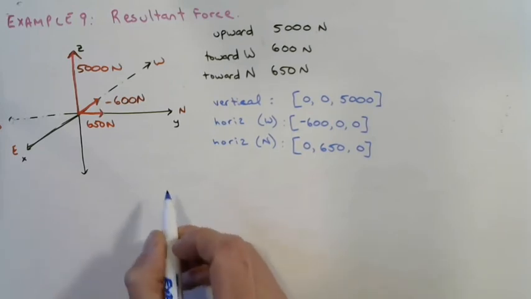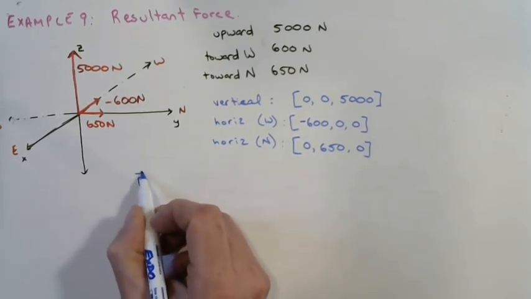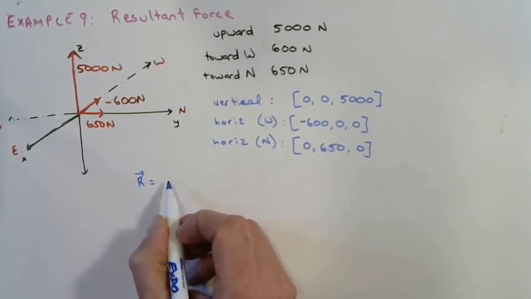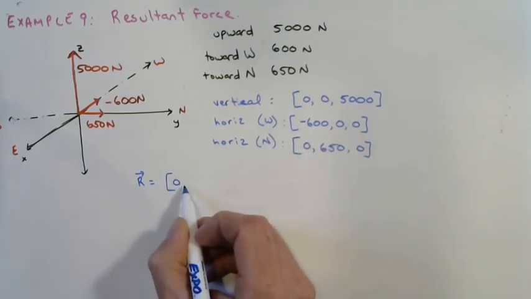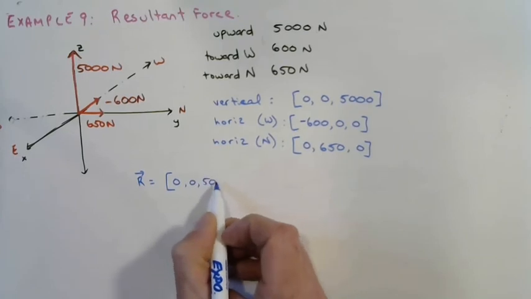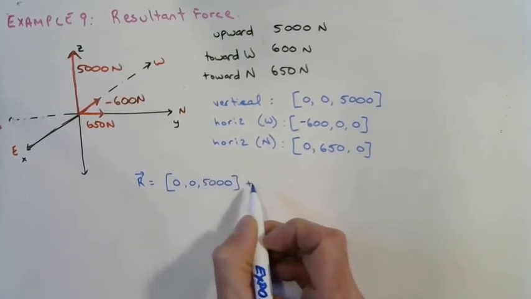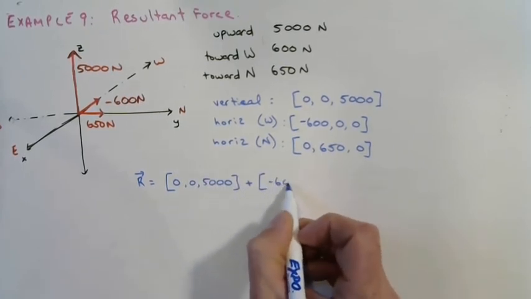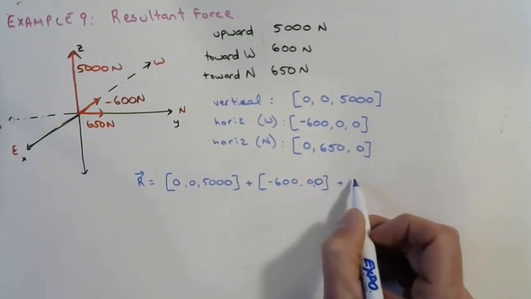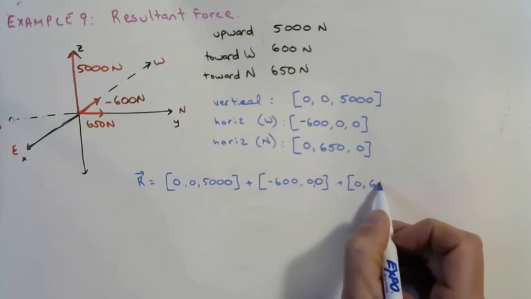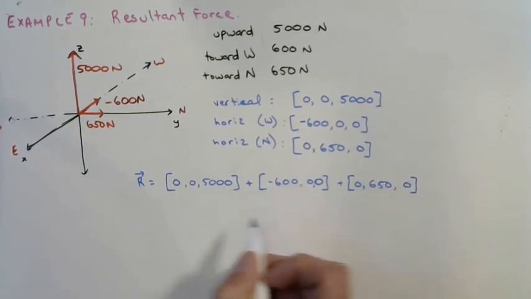And all I need to do is put those together in the resultant vector, which is the sum of these vectors. So I've got the vector 0, 0, 5,000 plus the vector negative 600, 0, 0 plus the vector 0, 650, 0.